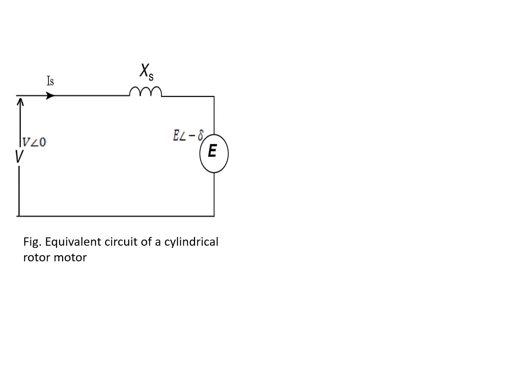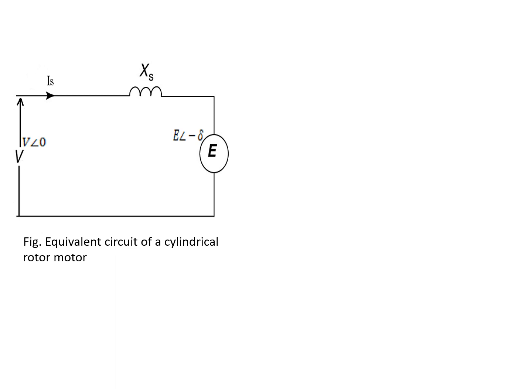Next, we will be discussing equivalent circuit of cylindrical rotor motor. This is the equivalent circuit. Please note that here I have not shown the field circuit. As well, the resistance is also missing because Xs is comparatively very high compared to resistance. Hence, we are further simplifying the per phase equivalent circuit of the cylindrical motor.